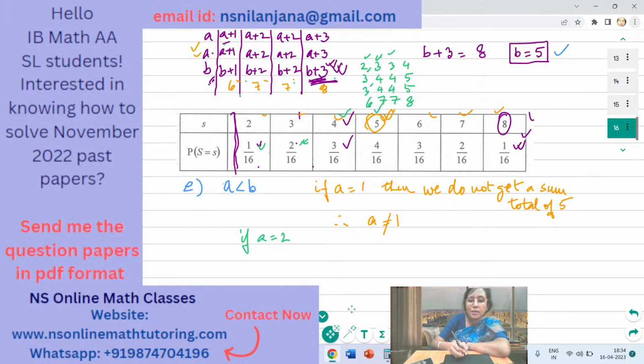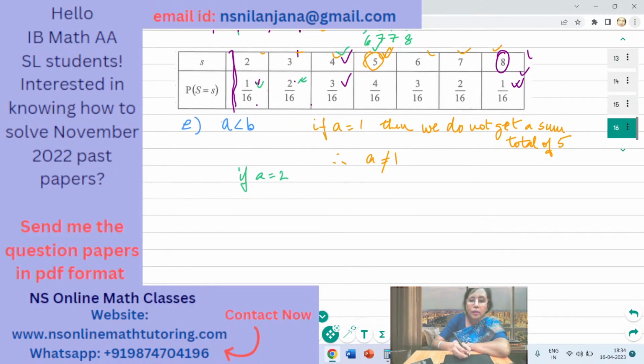So the probabilities do not match. So we have to write this. We have all sum totals. Whatever I have shown over here, it should be shown. Otherwise, you cannot write. But the probabilities do not match.